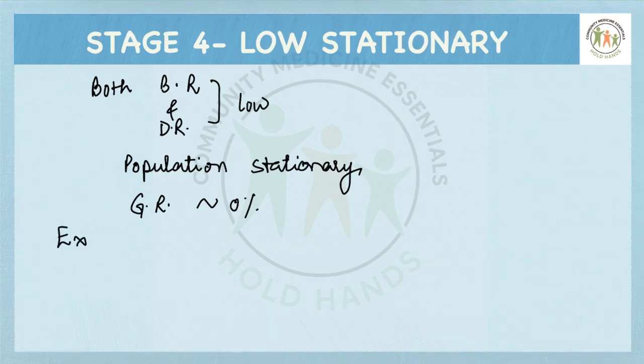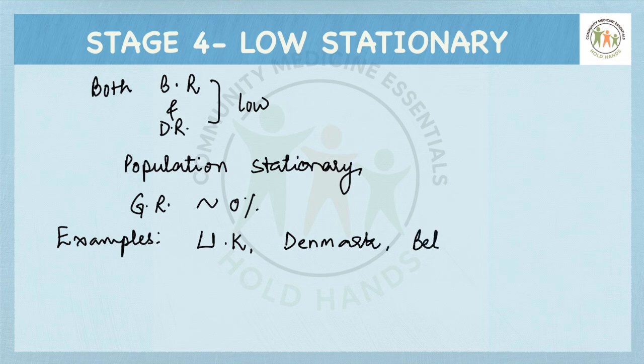Examples, UK, Denmark, Belgium, Sweden. The significance of this phase is that it reflects stabilized population.